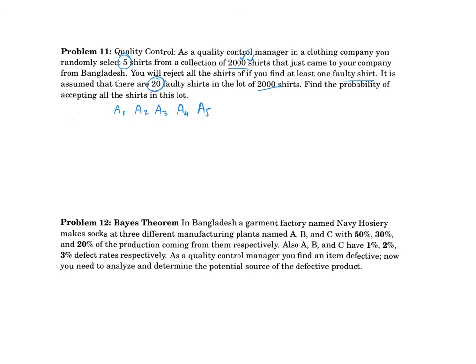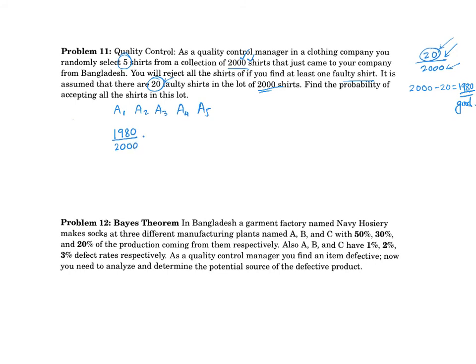It's not 20 out of 2000, by the way, a typical source of mistake. 20 out of 2000 is the probability that a t-shirt is bad. So if approximately 20 are bad in a group of 2000, how many are good? 2000 minus 20, or 1980 of them are good. So your probability of getting a good t-shirt in the first try is 1980 out of 2000.